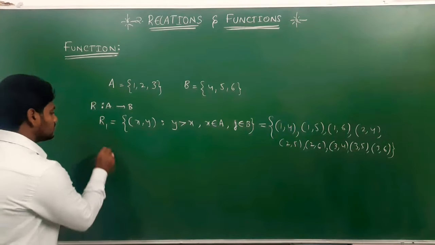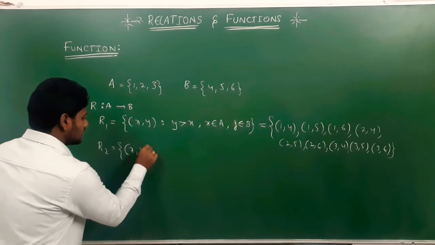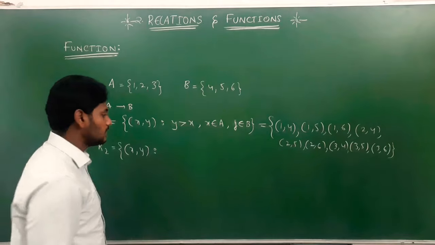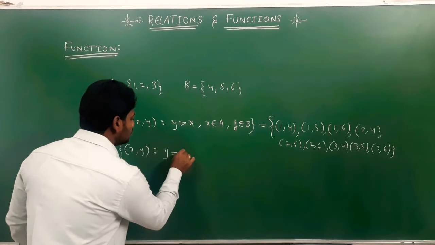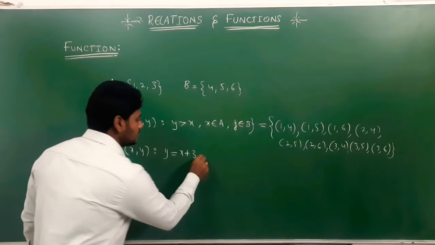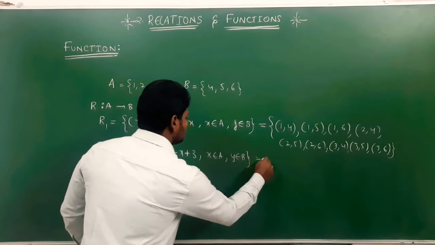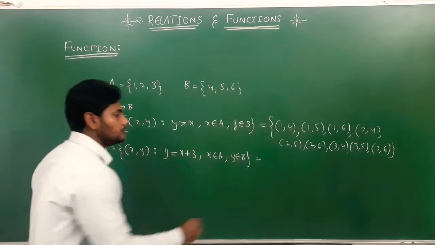Now another relation: ordered pairs (x, y) such that y equals x plus 3, where x belongs to A and y belongs to B. Write it in roster form.